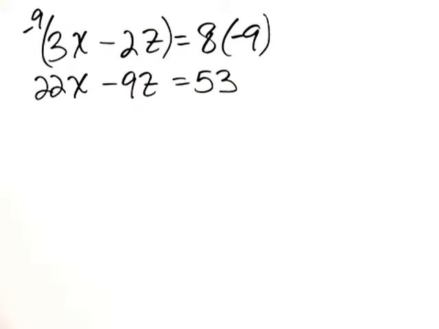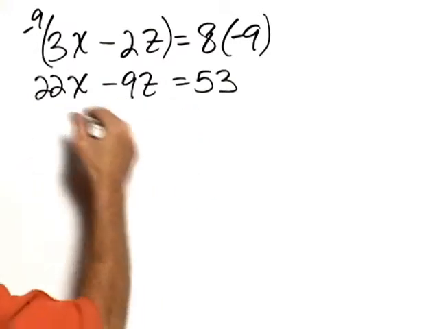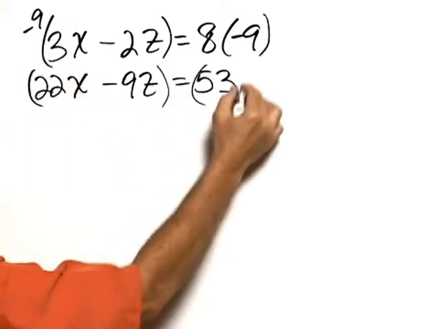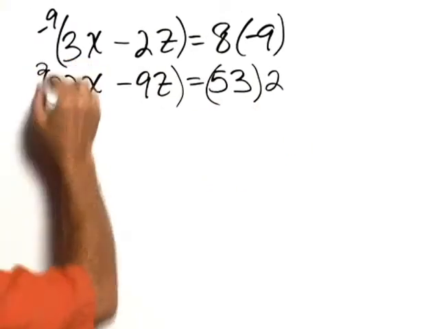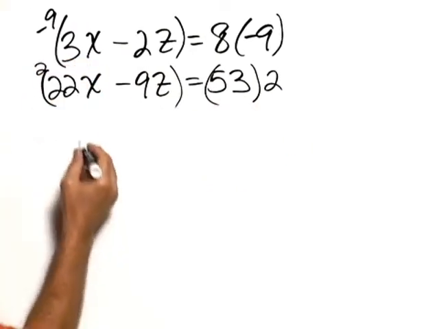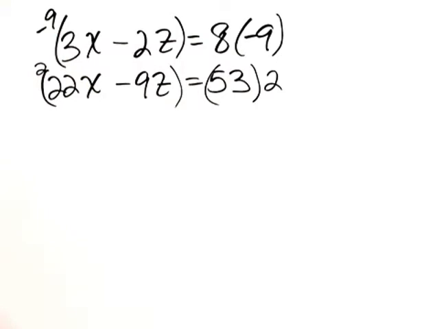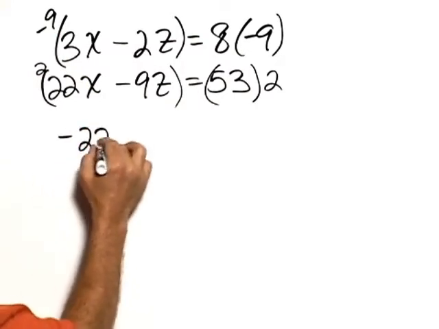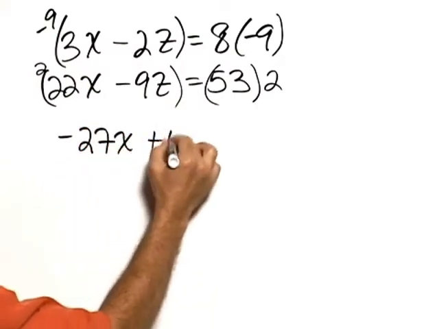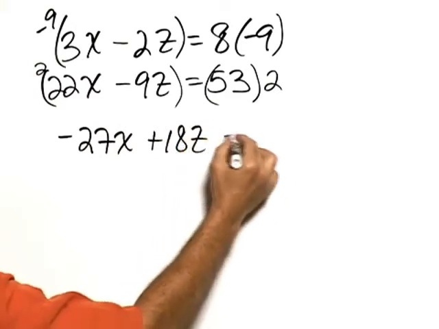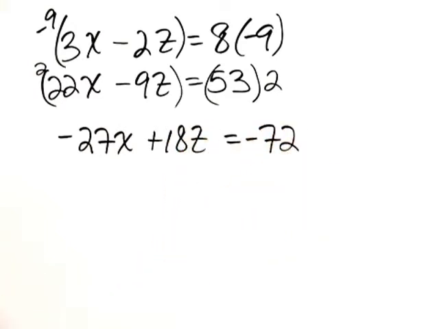The second equation, we'll have to multiply both sides by 2. The result of multiplying the first equation by negative 9 is negative 27x plus 18z equals negative 72.